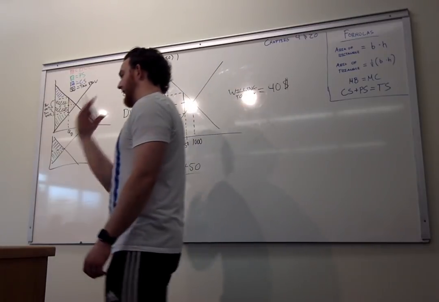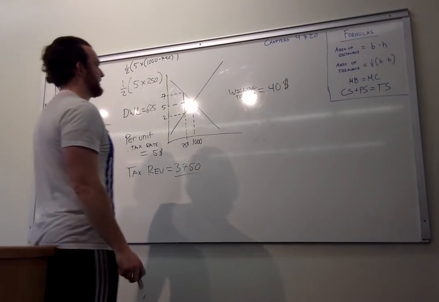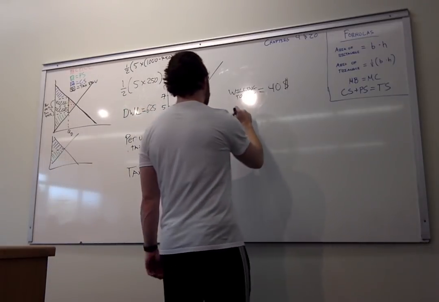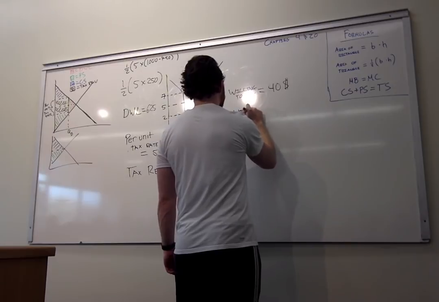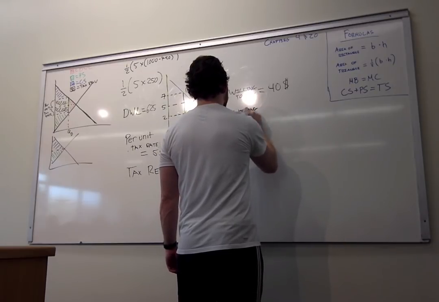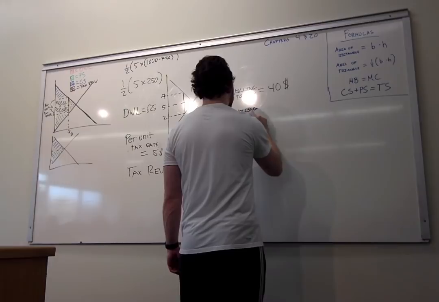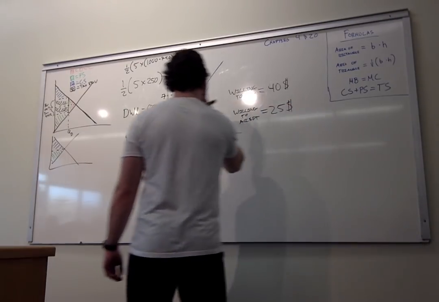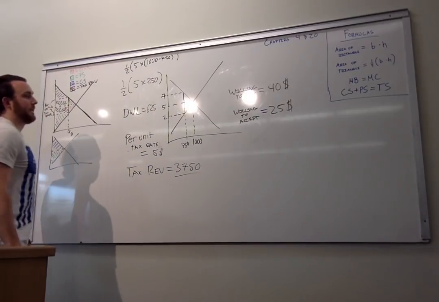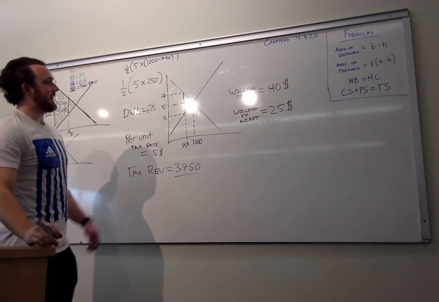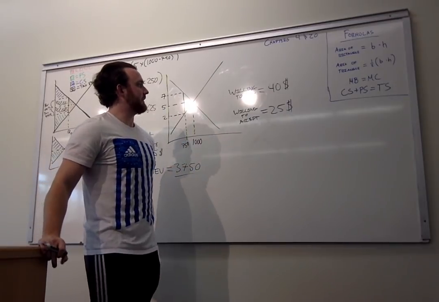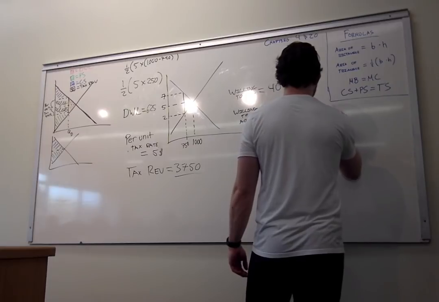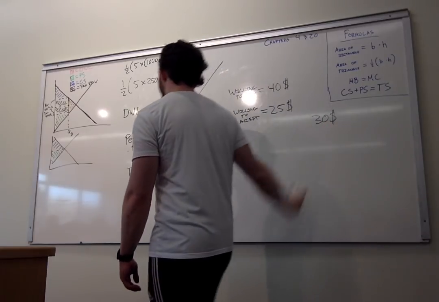Let's say that Tanner, the minimum amount that he's willing to accept for that hour of tutoring is $25. Let's say that they agree on a price of $30. Okay, so $30 is the price that they agree on.